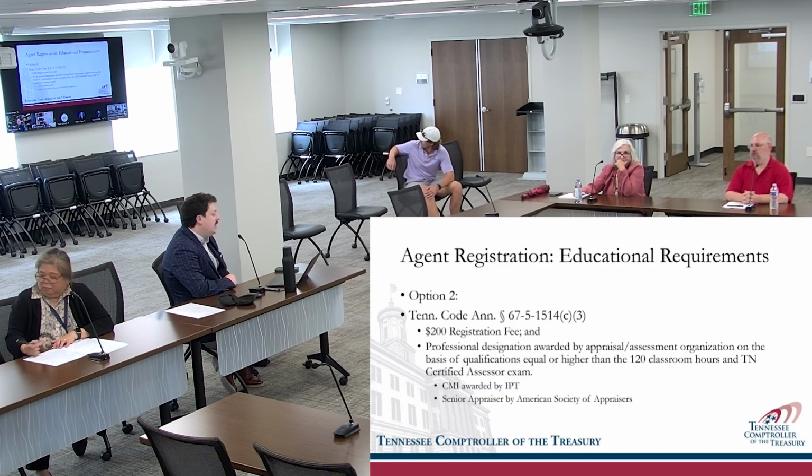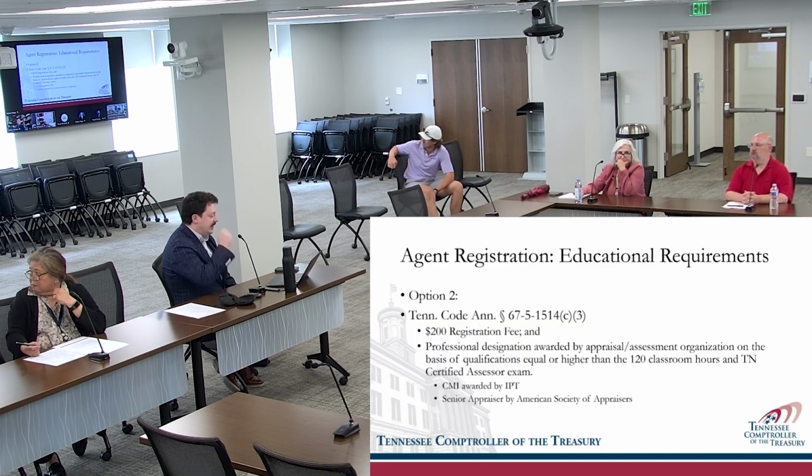Option two is to pay that same $200 registration fee, but instead of having to prove the education requirements, you can meet all those requirements by showing you have an appraisal or assessment designation, a professional designation from an organization that qualifies and is equal to that same 120 hours and the Tennessee Certified Assessor exam.